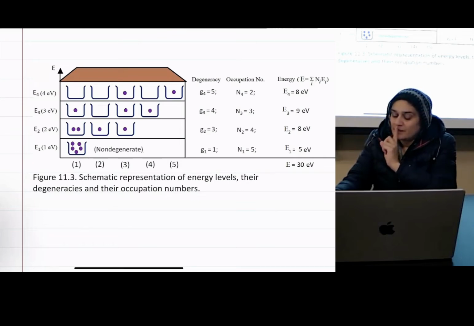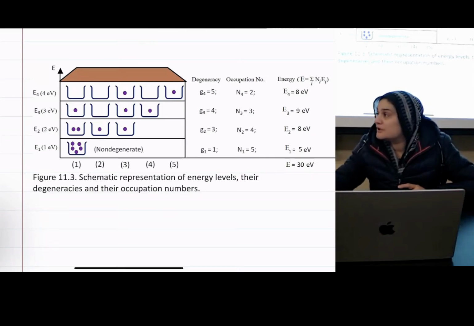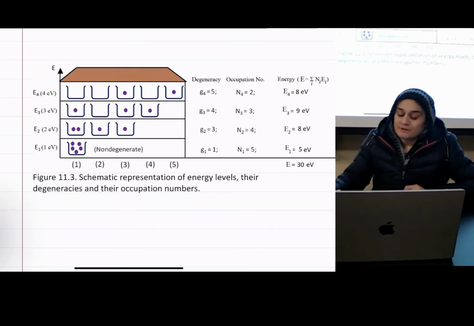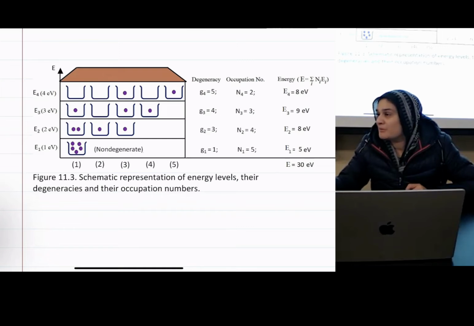The number of apartments on each floor is called the degeneracy of the particular floor. The number of people living in each apartment is called the occupation number. And the energy of this is the number of particles times the energy level of each floor.